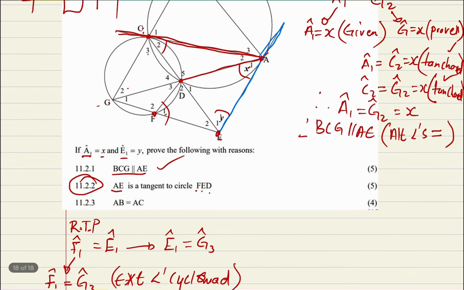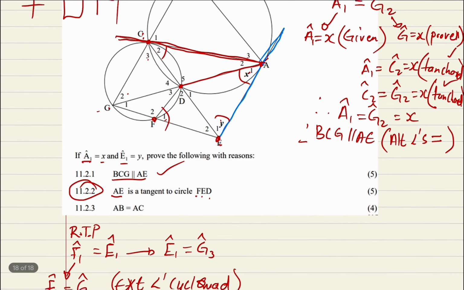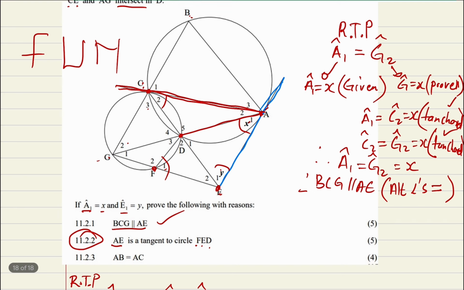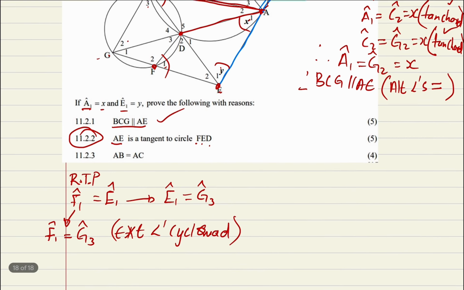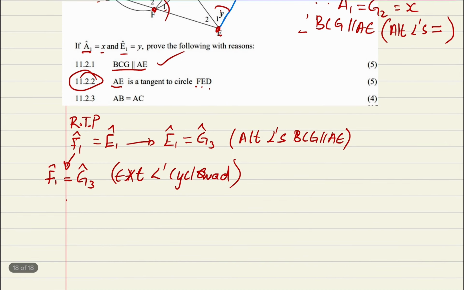Because you remember that BCG is parallel to AE, so these are alternate angles. Now I can conclude that F1 is equal to E1, which are both equal to Y.